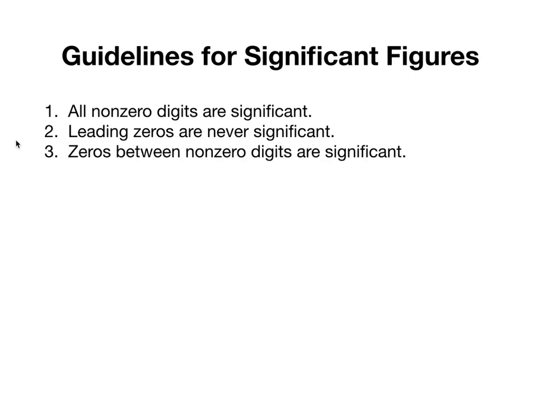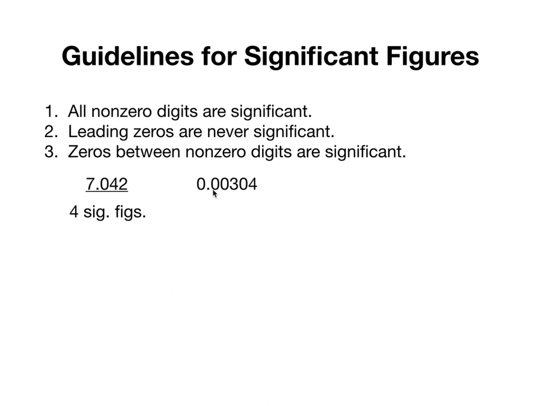Number 3, zeros between non-zero digits are significant. Okay, zeros between non-zero digits. So here, we know the 7, the 4, and the 2 are significant. That 0 is going to be significant. So we've got 4 sig figs there. If we have this number right here, we know the 3 and the 4 are significant.